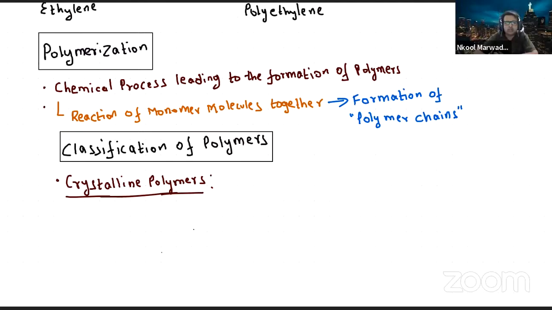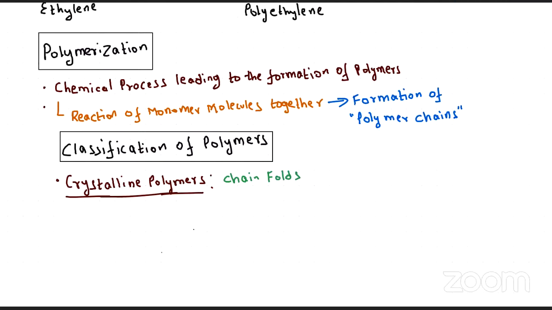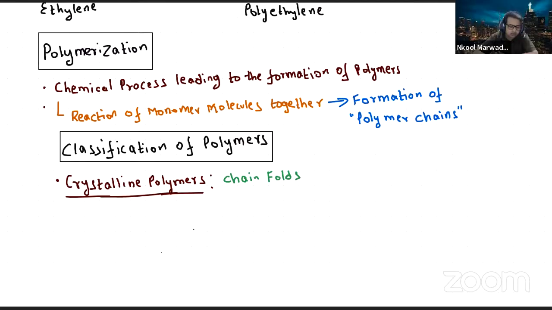Now, the crystalline polymer we are discussing. Here there are chain folds, it follows a structure where we can see chain folds, and we will draw one structure so we get an idea of what these chain folds mean. And we have a special structure known as the lamellar structure, and what it is, we will get to know very soon.